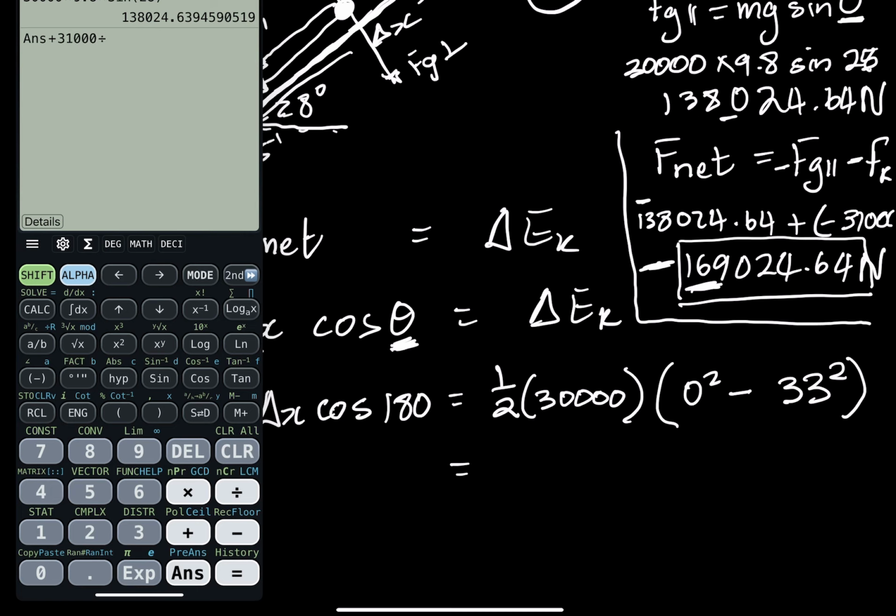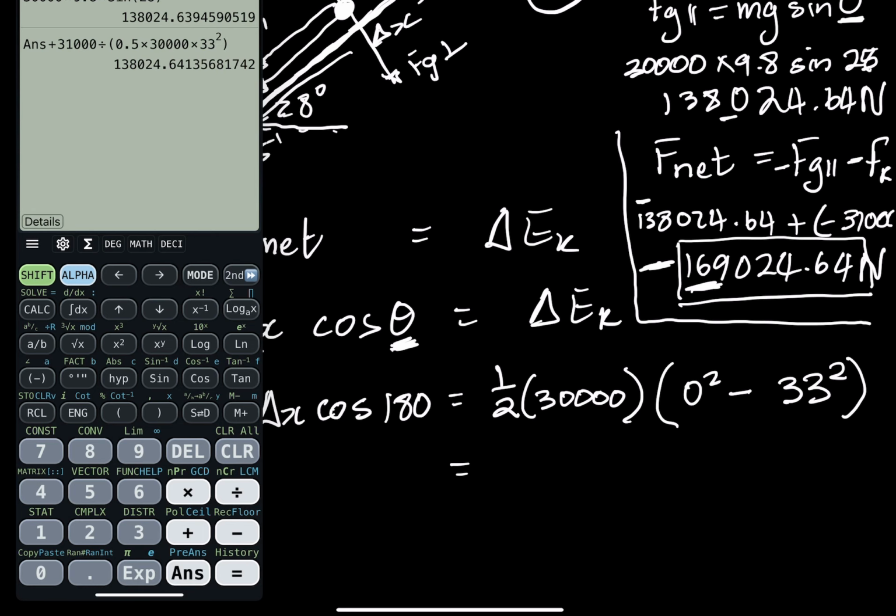So I'm going to simply divide by 0.5 times 30,000, multiplied by that 33 squared, right?